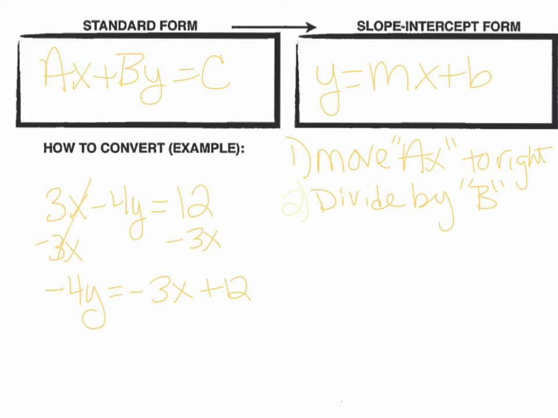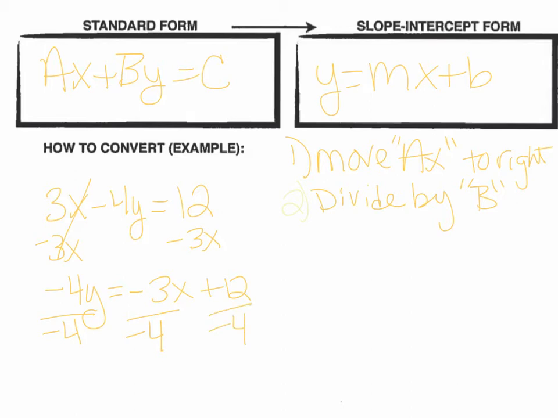Now let's solve for y completely, and we do that by dividing by the b value. The b value was negative 4, so that's the number in front of y. Remember, it's negative 4 times y, so we need to divide here, not add 4 to both sides. And the key here is to remember to divide each piece by negative 4.